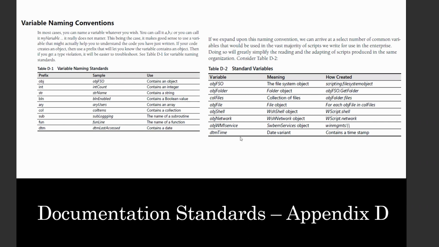Here we've got a bunch of them: date and time, some services, the networking object, file objects, folder objects, and the file system object. These tables are all available in Appendix D of your book.